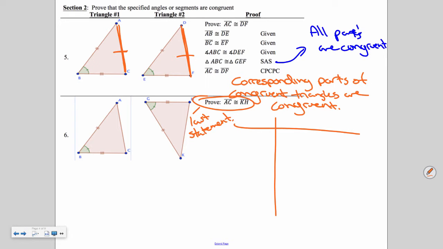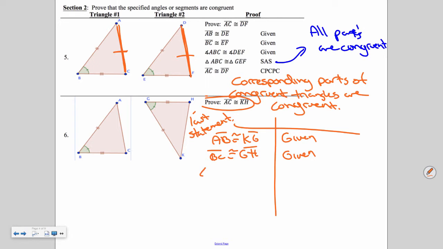Well, I'm given that AB is congruent to KG because it's given. I know that BC is congruent to GH because it is given.